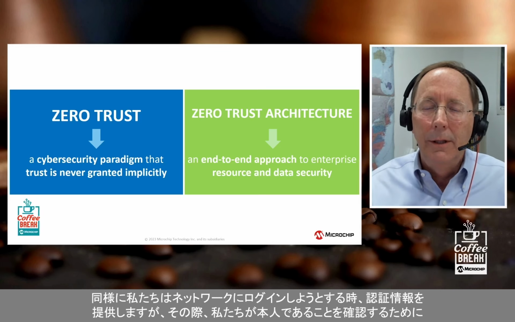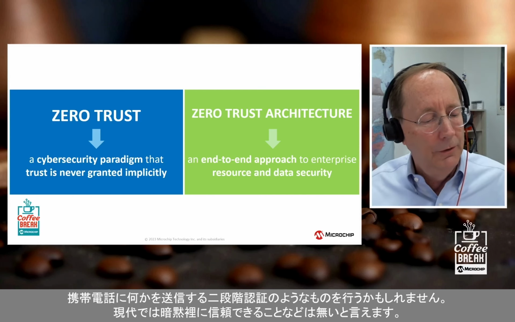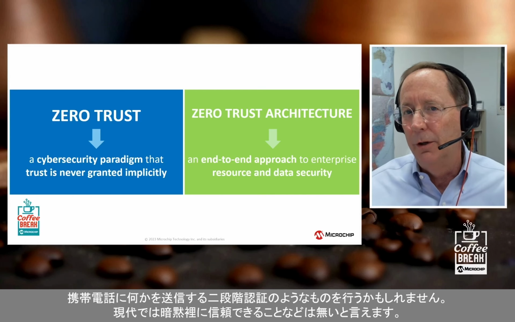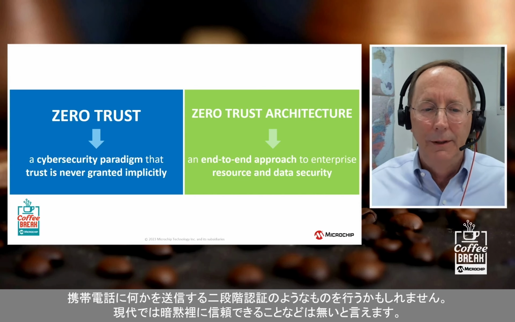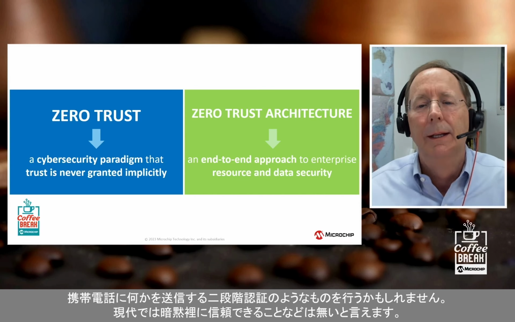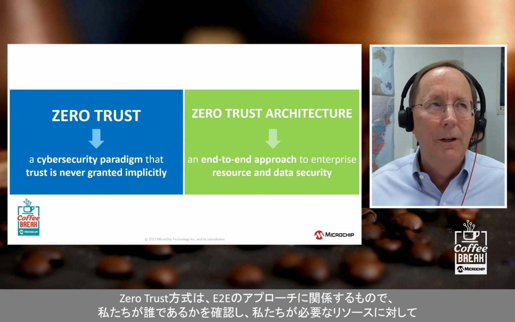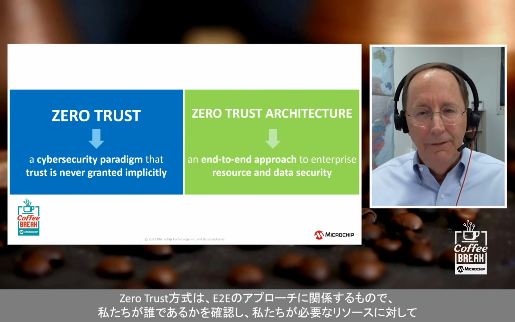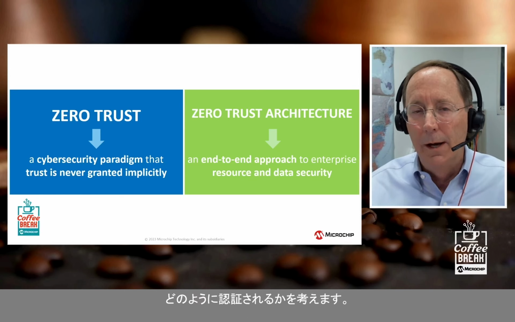Similarly, we log into a network and provide our credentials, but then we might do some sort of two-factor authentication where it sends something to our phone just to make sure we are who we say we are. No implicit trust granted at all. Then we get into a zero trust architecture, which has to do with an end-to-end approach to verifying who we are and how we get authenticated to the resource we want.